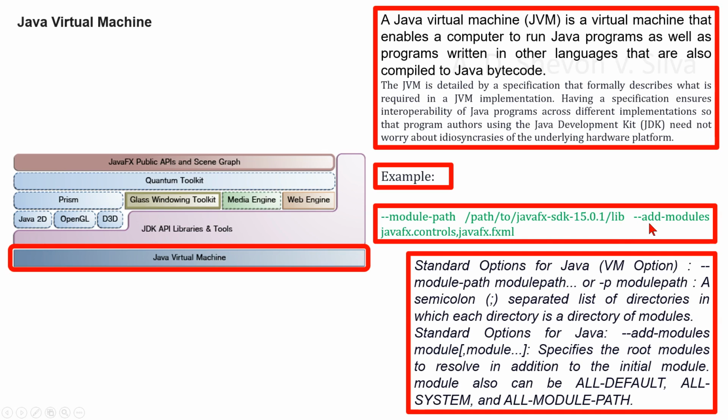Standard option for Java: --add-modules. Module specifies the root modules to resolve in addition to the initial module. Modules also can be ALL-DEFAULT, ALL-SYSTEM, and ALL-MODULE-PATH.